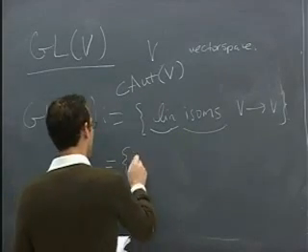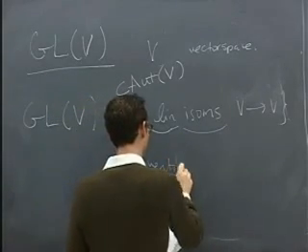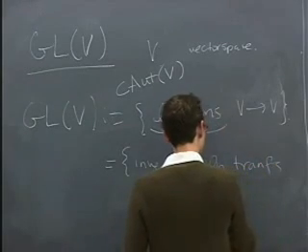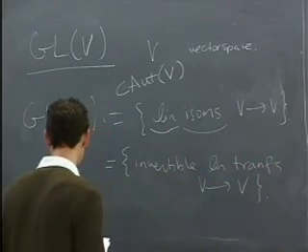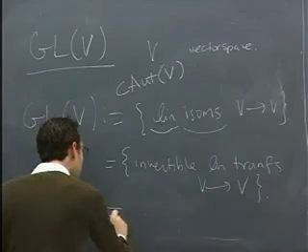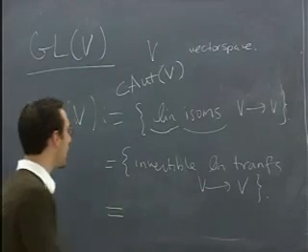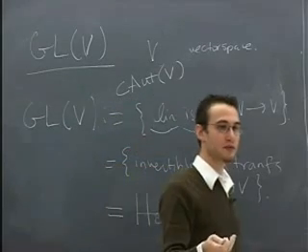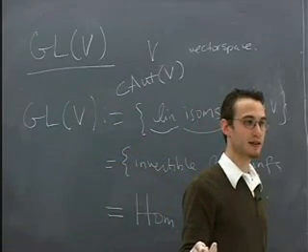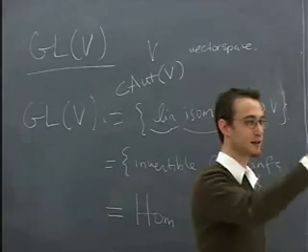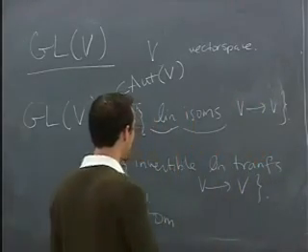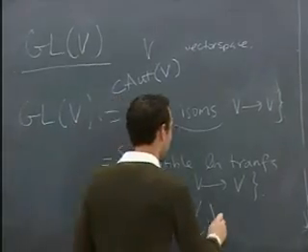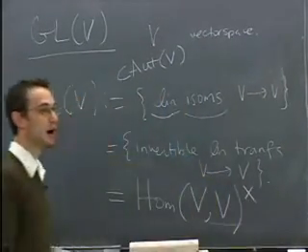So put another way, these are just the invertible linear transformations from V to V. Or, using a language that we've seen several times, what did we call the invertible elements of Z mod NZ? Exactly, Z mod NZ star. So it actually makes sense, given the notation we've introduced so far, to call this Hom V to V star.